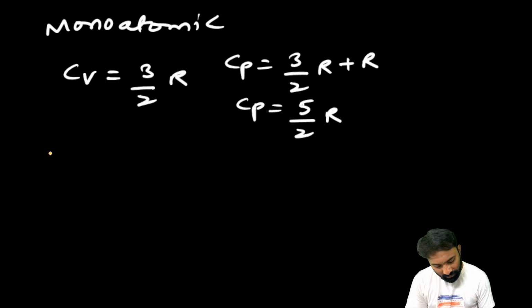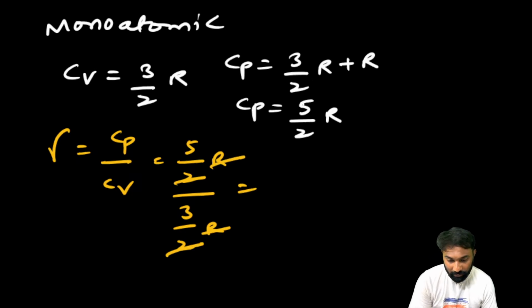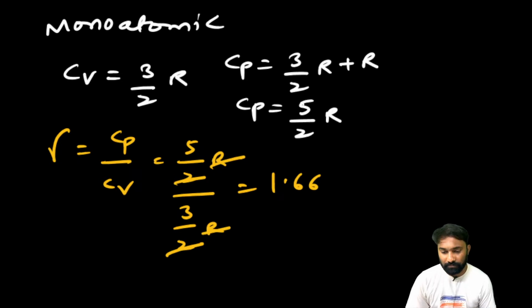Then gamma is equal to Cp by Cv, 5 by 2 R over 3 by 2 R. R gets cancelled, 2 gets cancelled. For the monoatomic gas, the Poisson's ratio value will be 1.66. Done? Right. Next, we'll go for the diatomic gas.